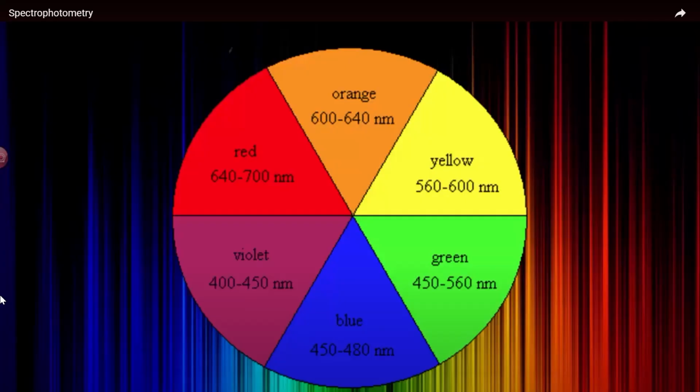If you can just very quickly draw a red, orange, yellow, green, blue, violet, okay, and it doesn't matter whether you go clockwise or counterclockwise, and you can start anywhere you want, red, orange, yellow, green, blue, violet, then you can say, I have an orange substance, it must be absorbing blue light. Okay, so it's just a really quick little mnemonic device to help you remember which one absorbs. Okay.